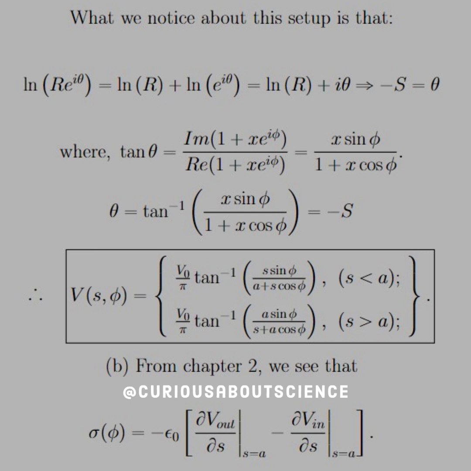And remember that the exponential led to the natural log, and so we're going backwards. The natural log is now the exponential. And what we see is that the imaginary part is sine, the real part is cosine, so this works out. Passing this on, what we see here is that tangent of theta is equal to x sine phi over 1 plus x cosine phi.